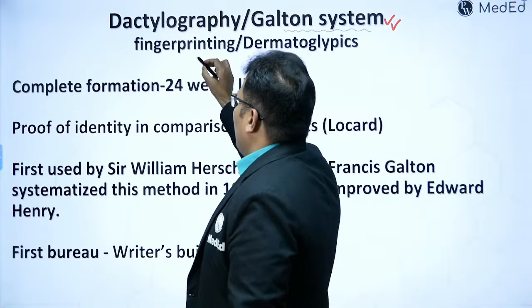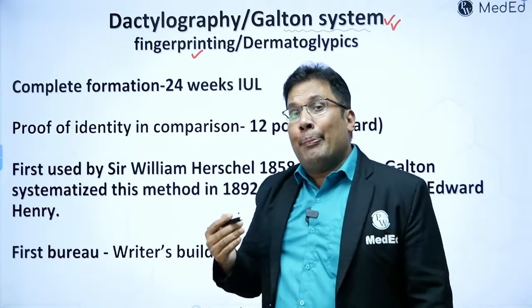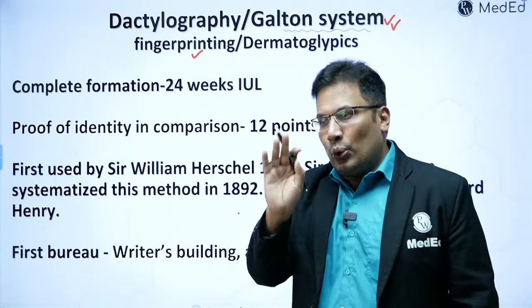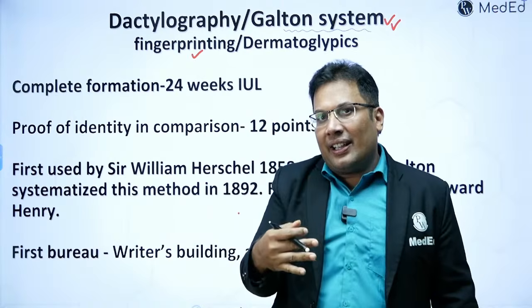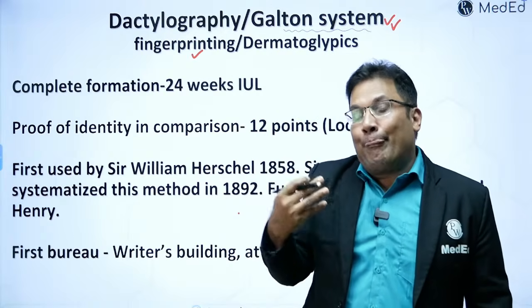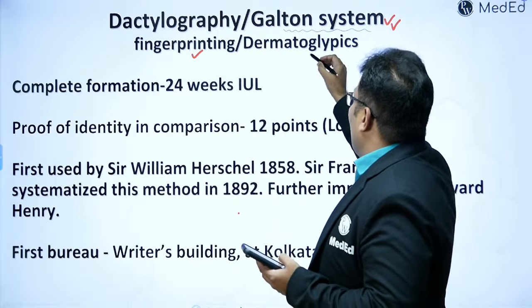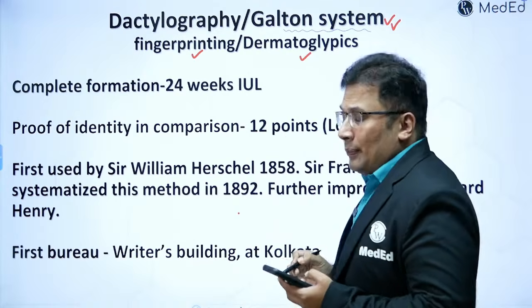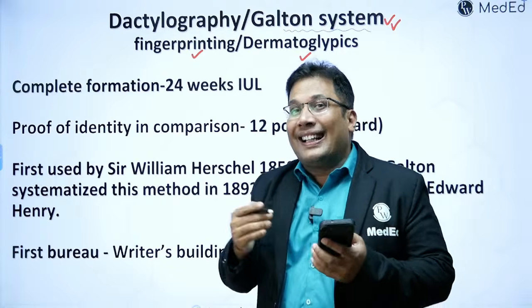It is also known as fingerprint because it is formed by epidermal ridges. In epidermis of every person, there are some ridges. These ridges form a characteristic pattern, so that is known as fingerprint. It is also known as dermatoglyphics because it is formed by epidermal ridges basically.